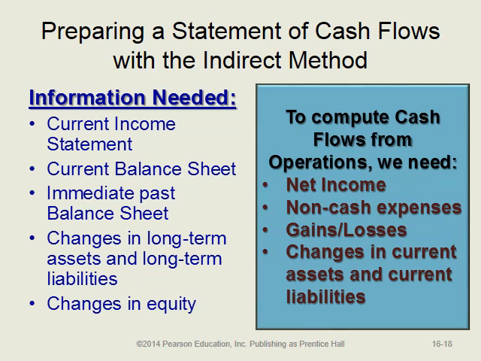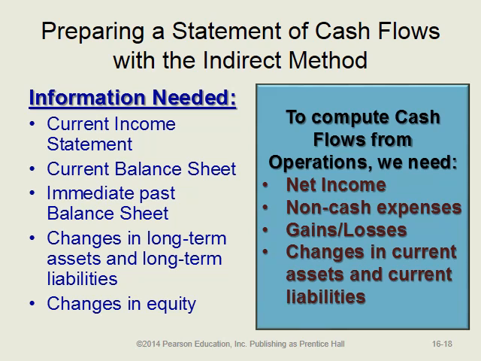Again, we have the direct method and the indirect method. The direct method is FASB's preferred approach, but like we said, since the indirect method is more simple or more easy to put together, it ends up being the one that's used by over 90% of companies that are required to prepare GAAP-based, or generally accepted accounting principles-based, financial statements.